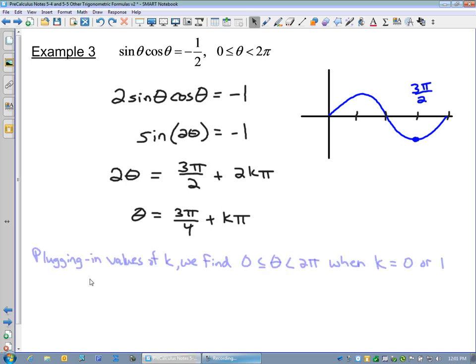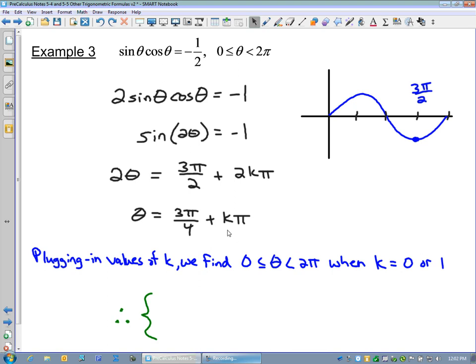So in other words, when we do plug in values of k, we're going to find that theta will be between 0 and 2 pi when k is either 0 or 1. Or using a little bit of logic, we can build our solution set as follows. If we think about -1 as a value for k to start out with, notice how you'd have 3/4 minus 1 would have a negative value for our pi, and negative is less than 0, so that won't work.